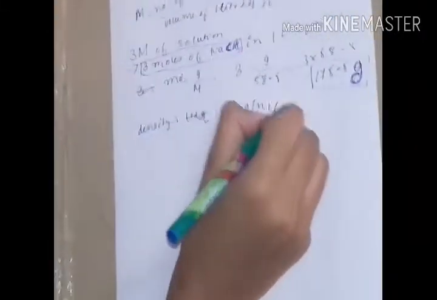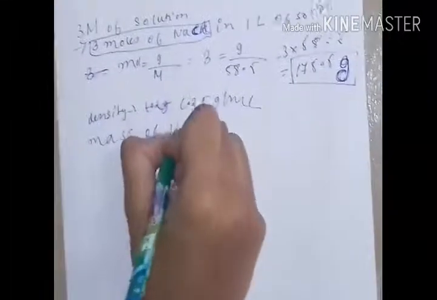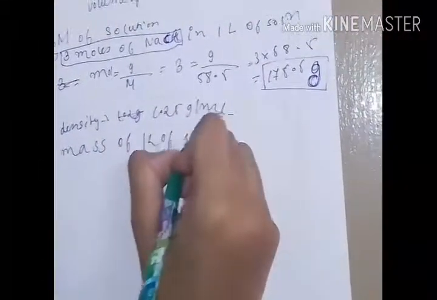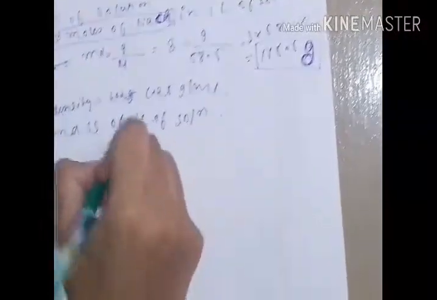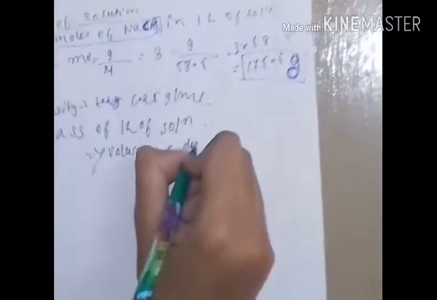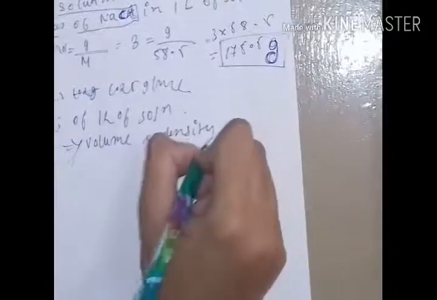So density is given, 1.25 gram per ml. What does it mean? It means that we have to find the mass of 1 liter of solution. How much is it? Volume into density. Are you getting me? Volume into density.